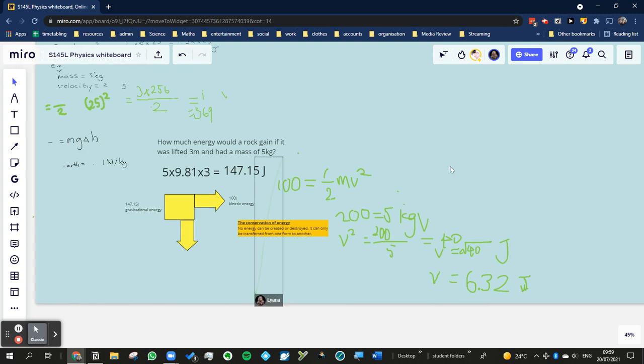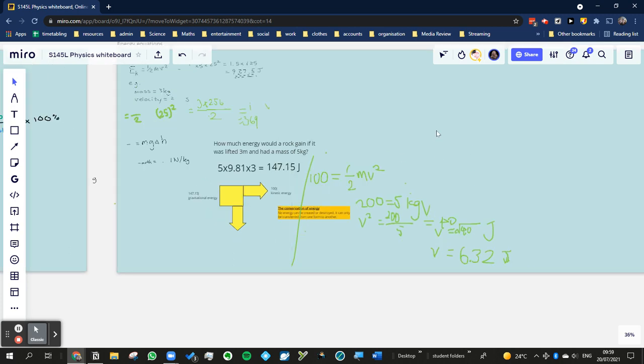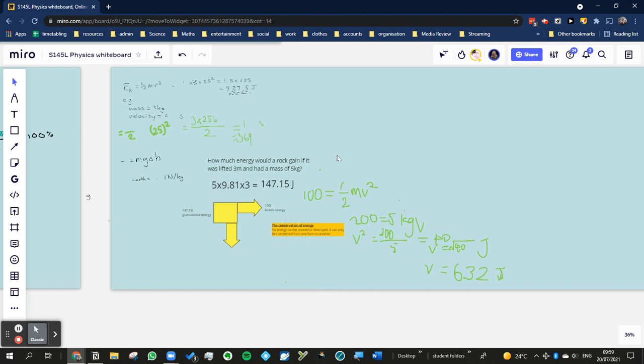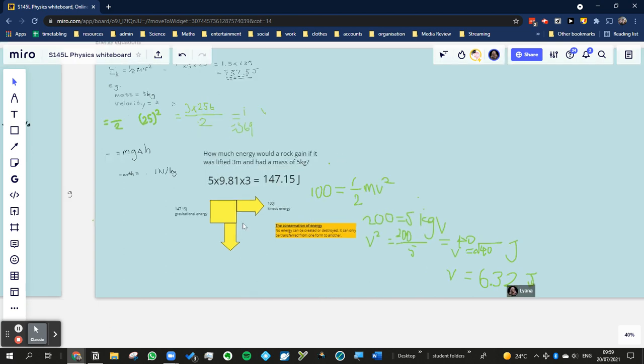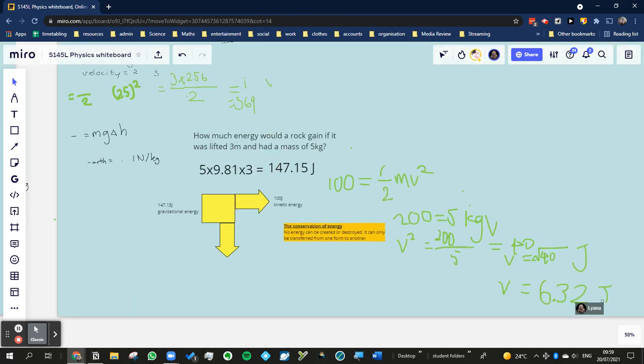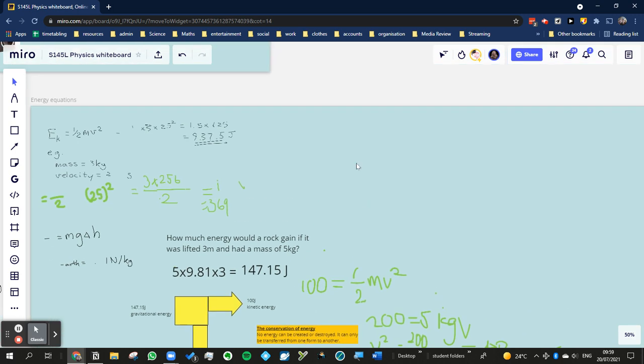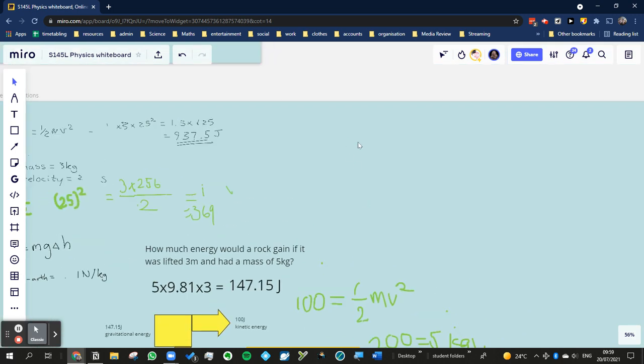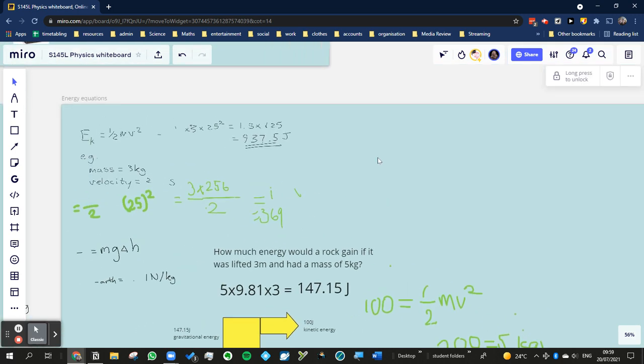So if we know what the final kinetic energy will be, then we can work out the final velocity. So we've looked at the formulas for kinetic energy and for gravitational energy, and we converted between the two. And I did a little bit of revision of the Sankey diagrams over here. What are the types of energies we did? Let's first of all label these ones that we've just looked at.